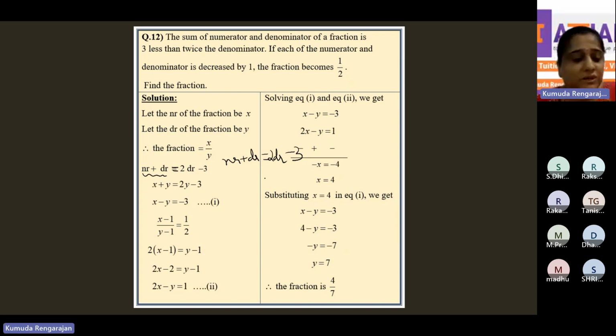Please construct the equation in words and then you can make it a mathematical equation. Numerator plus denominator is 3 less than, so minus 3, twice the denominator, 2 times DR. You can see I've written that.